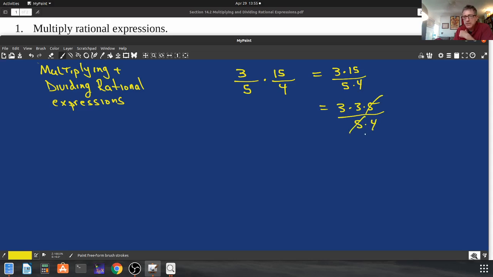Notice the 5 doesn't have to be straight above the other 5. These are 3 factors and they're multiplied. If I want it to be in the middle, I can rearrange it. So let's just rearrange it in our head to where it needs to be. The end result at any rate is 3 times 3, which is 9, divided by 4. And they don't share any factors, so this is fully reduced.